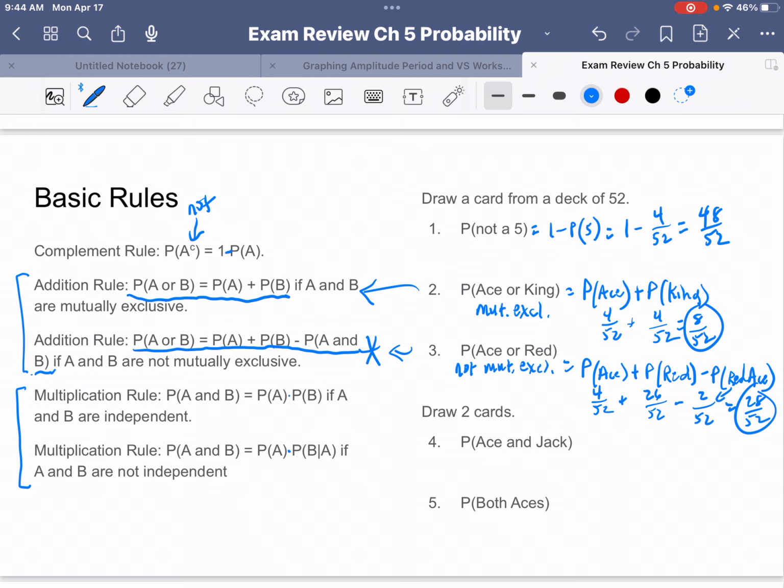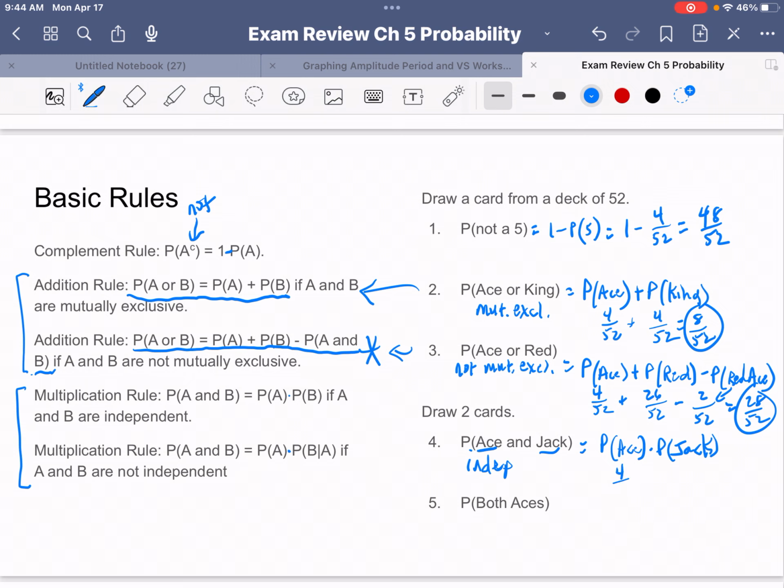Now, suppose that we draw 2 cards. What is the probability that the first card is an ace and the second card is a jack? Well, ace and jack, those are independent things. So that's equal to the probability of ace multiplied by the probability of jack.